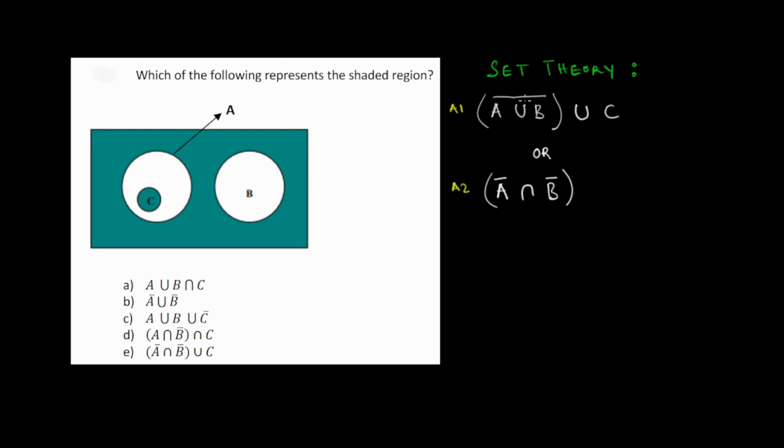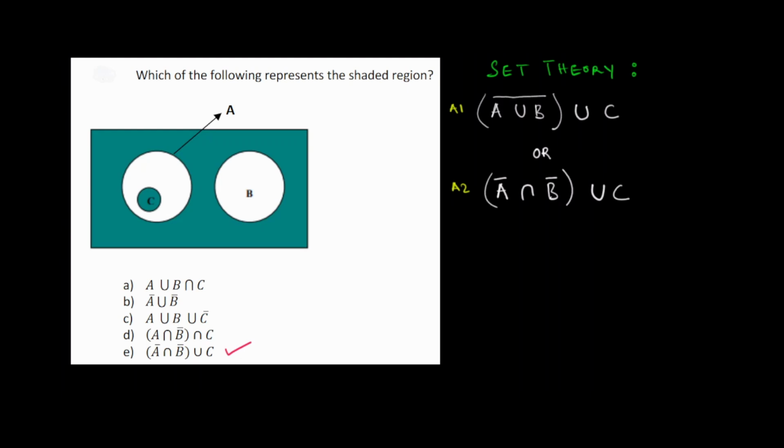So A union B complement is the same as the complement of A intersecting the complement of B, but this part of C comes as it is. So these are the 2 options we are having. And when we look here, we are going to see that they actually opted for our second option. This is where we have the complement of A intersecting the complement of B, union C. So this is going to be our answer.